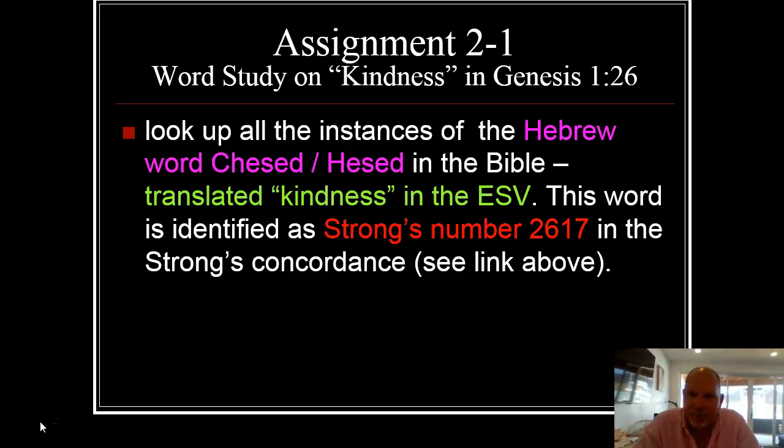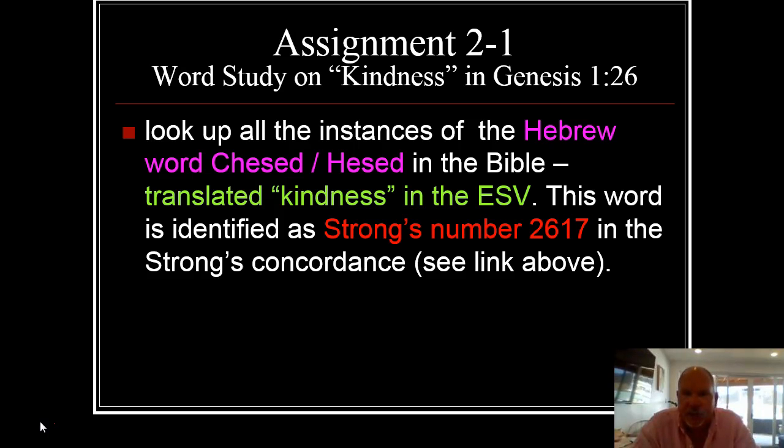So after you have reviewed how to do a word study, I want you to look up all the instances of the Hebrew word hesed in the Bible, translated kindness in the ESV. The word is identified as a Strong's number.